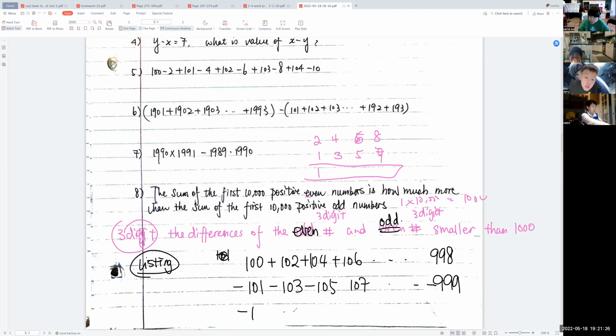So -1, -1, -1. So how many negative ones are there? Oliver, how many numbers are there?